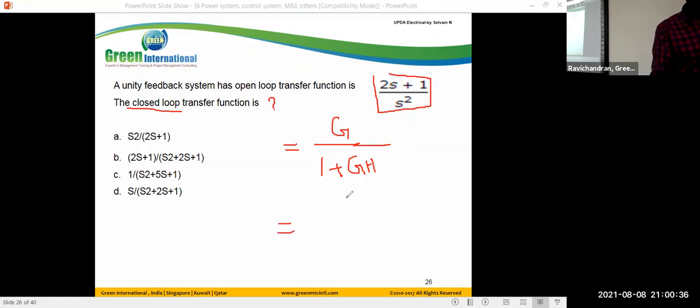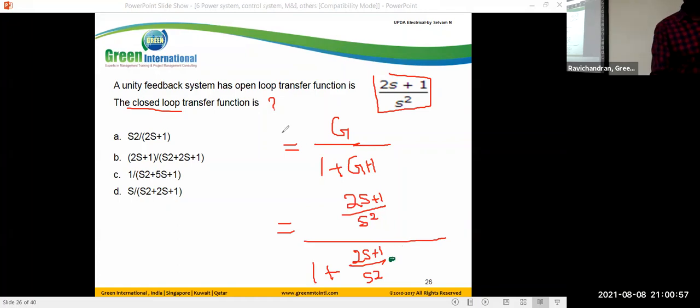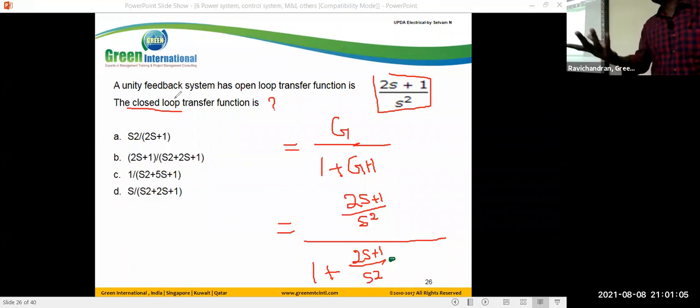So that is (2s plus 1) divided by s square, divided by 1 plus (2s plus 1) divided by s square, into H. What is the value for H? Here they mention unity feedback. So unity means beta becomes 1. Here H is equal to 1.